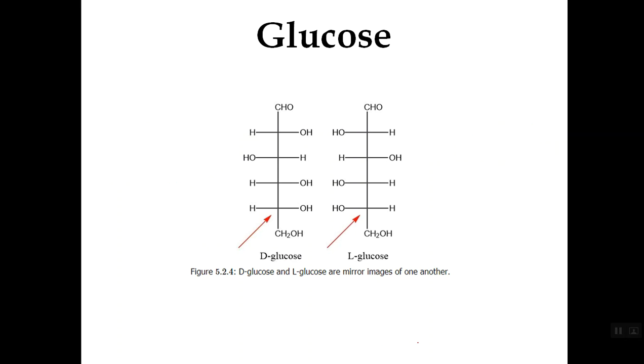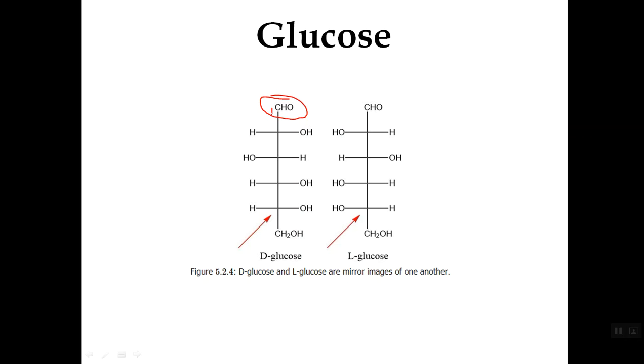This is the Fischer projection structure of glucose. It has C6H12O6, and as we discussed earlier in the ribose Fischer projection, usually a Fischer projection will have the carbonyl at the top, followed by the rest of the carbon atoms.